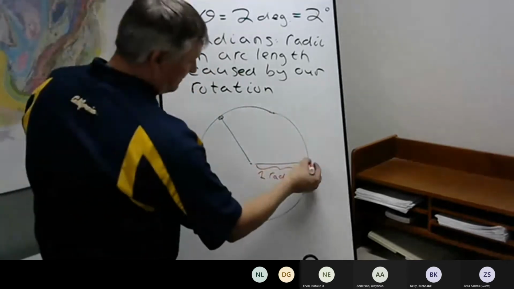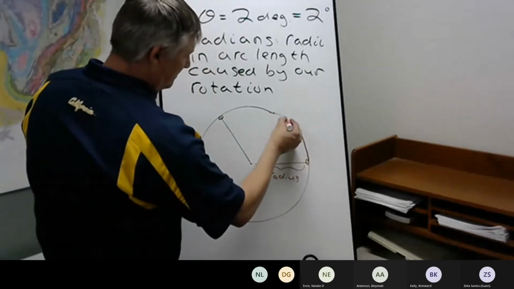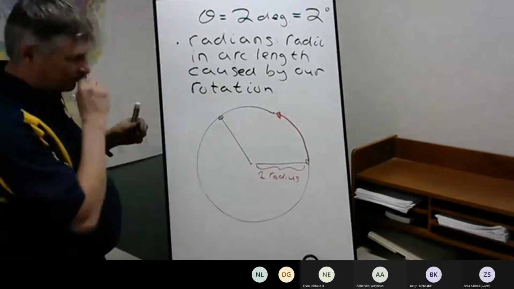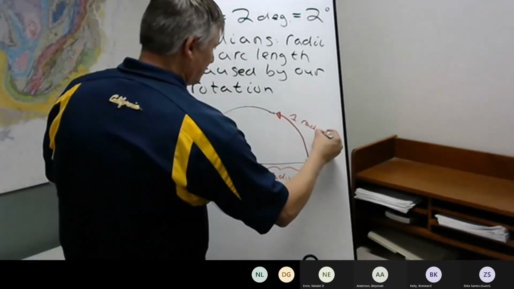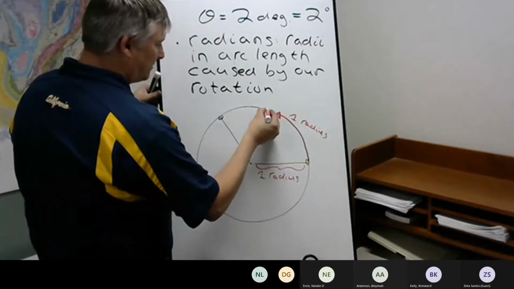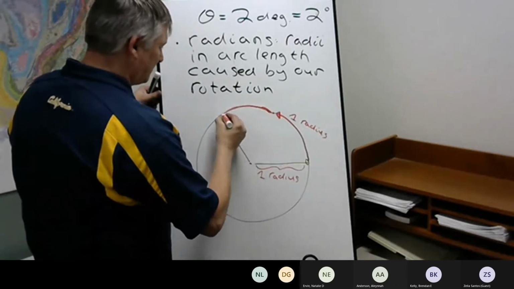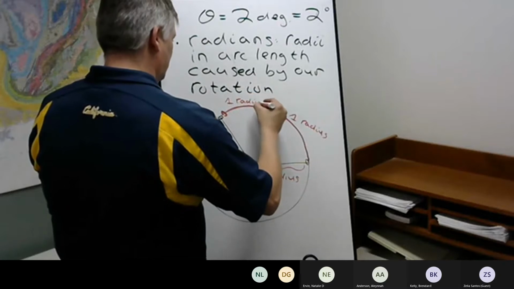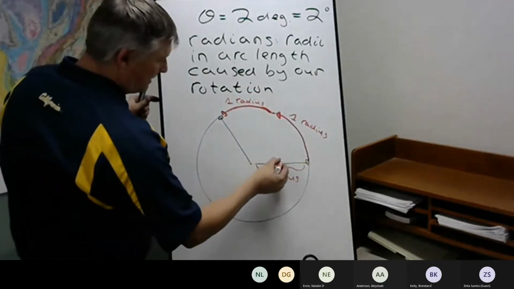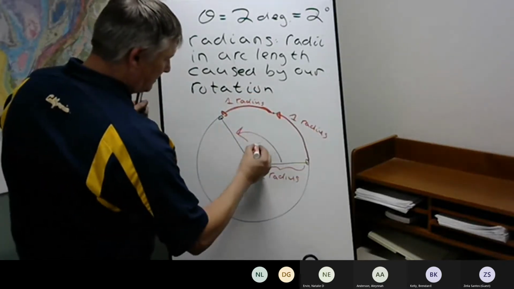So let's say we have this radius and then another radius right here. And then we have our angle theta.